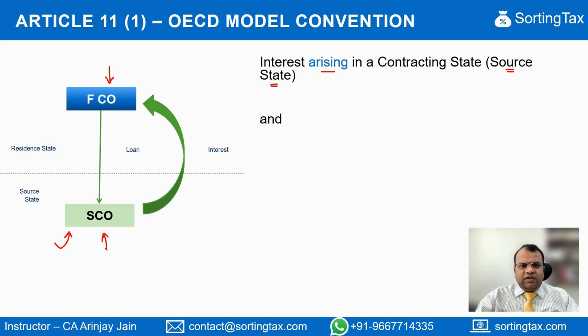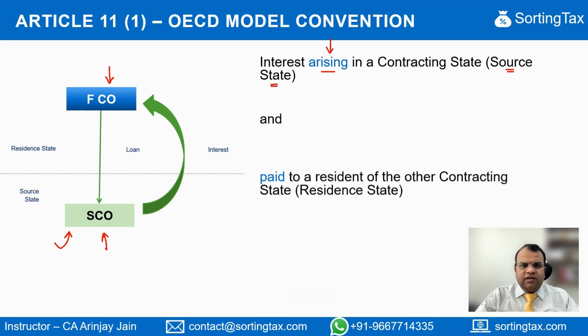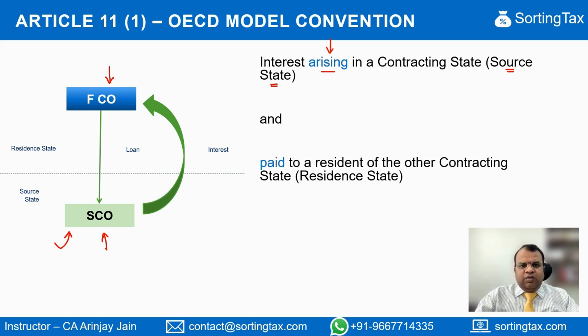And so there's a cumulative condition. First, interest should arise in a contracting state. And second, it should be paid to a resident of the other contracting state. So it arises in the source state, and it is paid to a resident of another state. Now, if the interest is paid to a resident of a third state, let's say state X, that is not something that is going to get covered under that particular treaty.